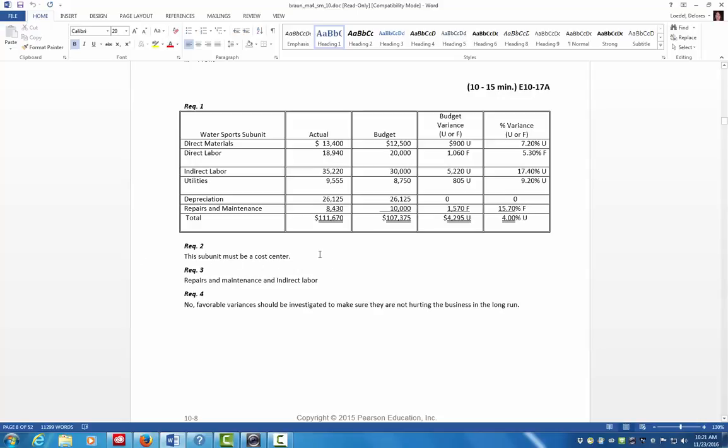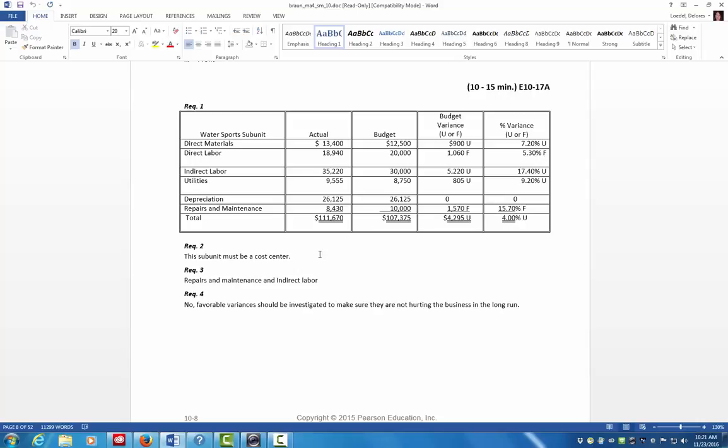Question number 2 was asking you what type of responsibility center this was. Since only costs are given, there are no revenues, there's no profits, then that would be a cost center. Number 3 asks you which items should be reviewed based on the decision criteria of variance exceeding $2,900 or 13%.